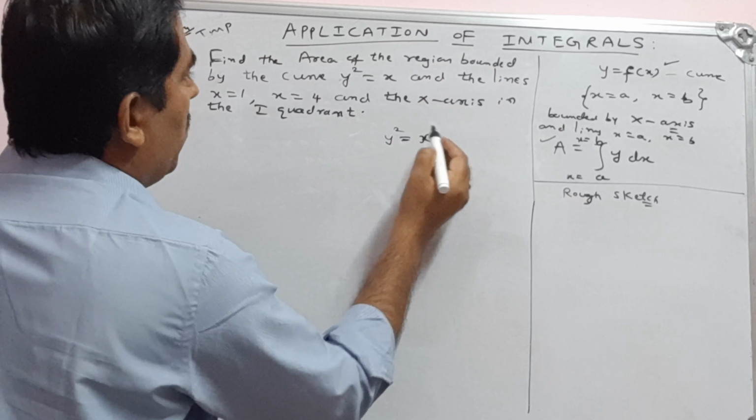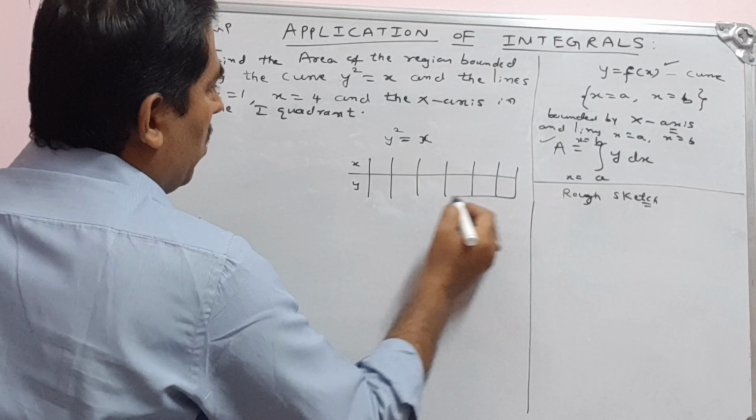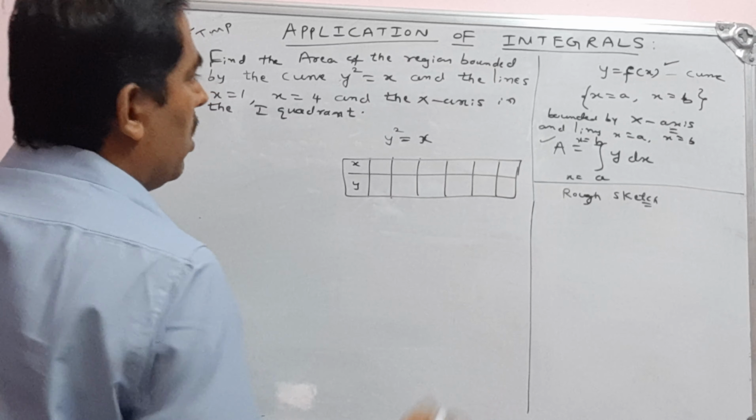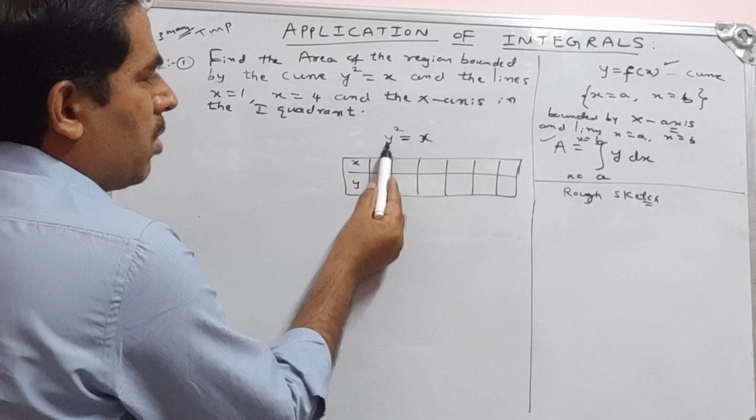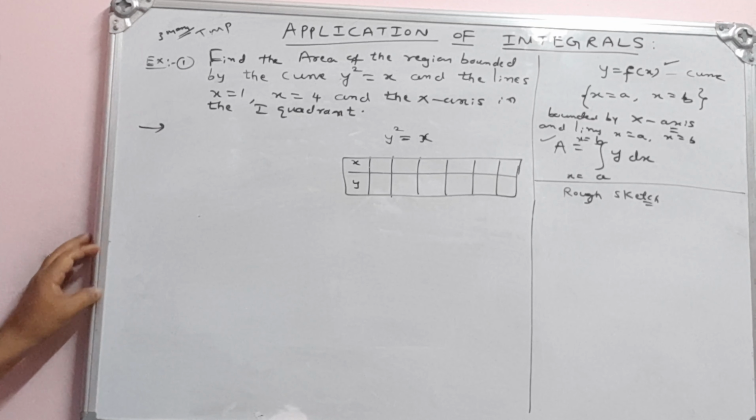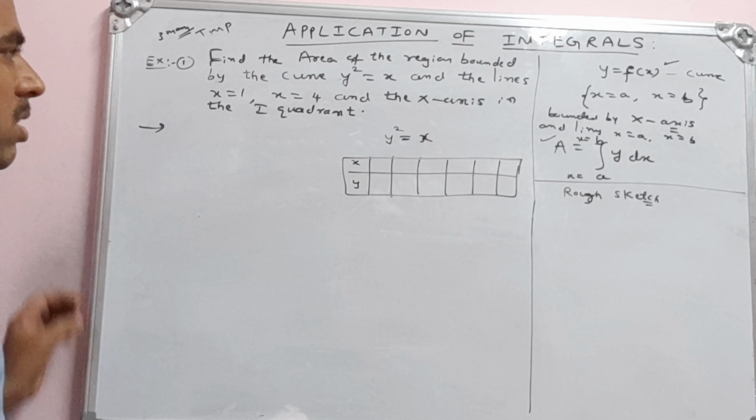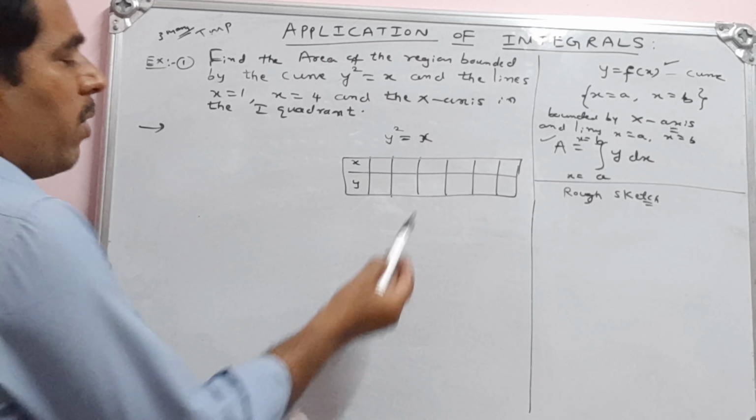So let us prepare a table here, x and y, and give a few values. We can give values for x or y. I will give values for y.